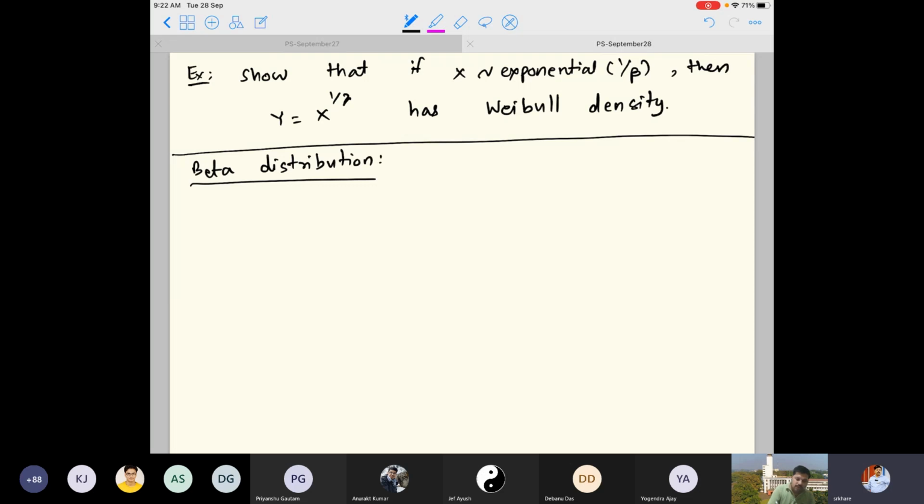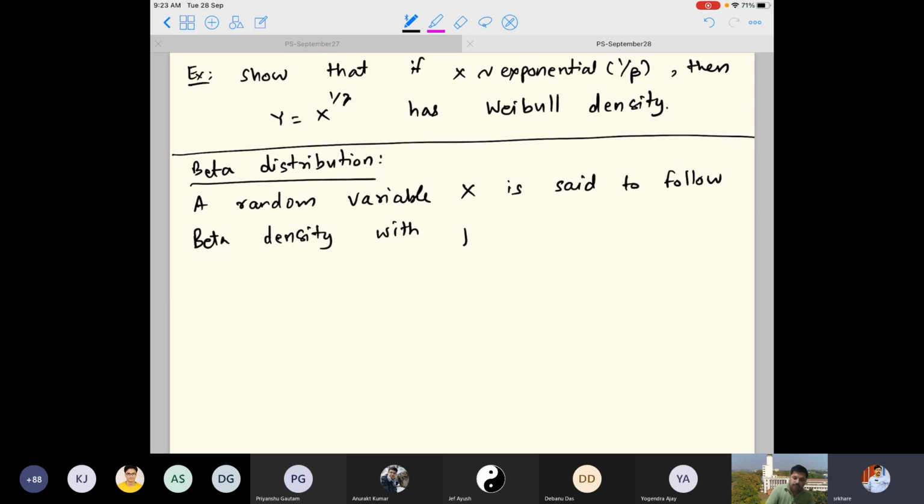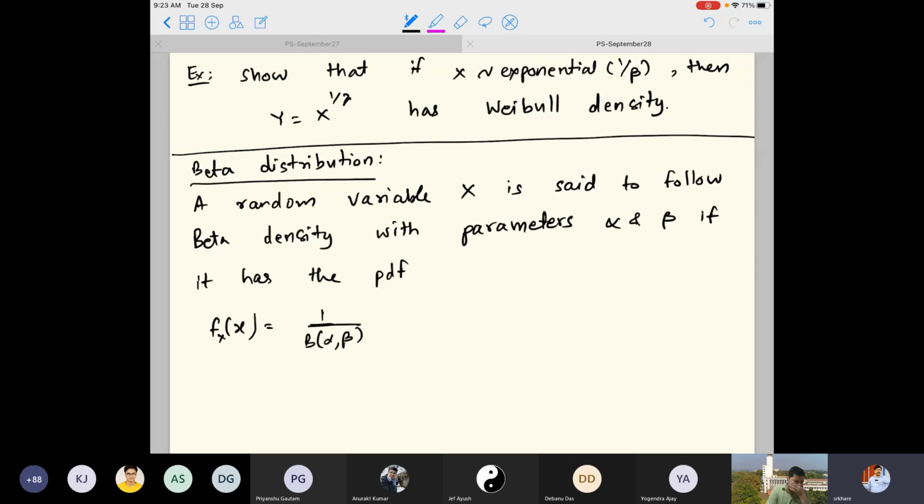So this beta family: a random variable x is said to follow beta density with parameters alpha and beta if it has the PDF f(x) equal to 1 upon B of alpha beta, x to the power alpha minus 1, 1 minus x to the power beta minus 1, for 0 less than x less than 1, and equal to 0 otherwise. We will see what B of alpha beta is.